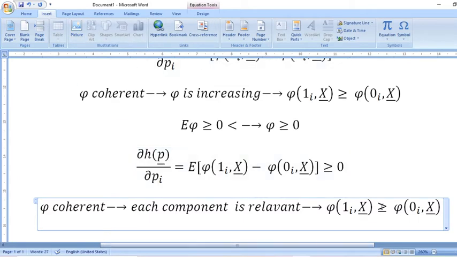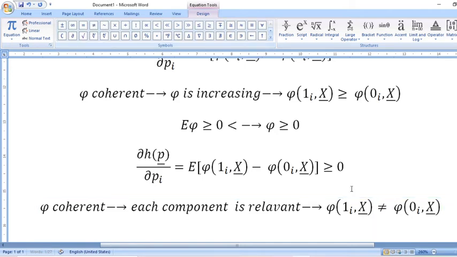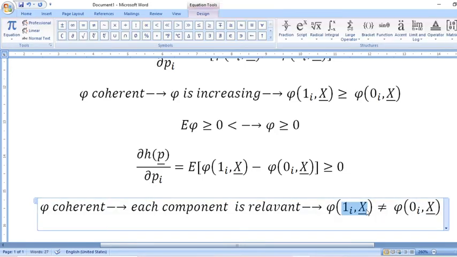That means, what is the relevancy condition? For at least one configuration, phi of 1 I comma x is not equal to phi of 0 I comma x.